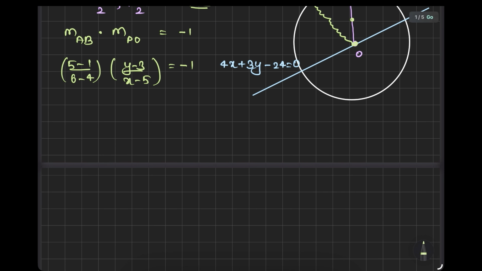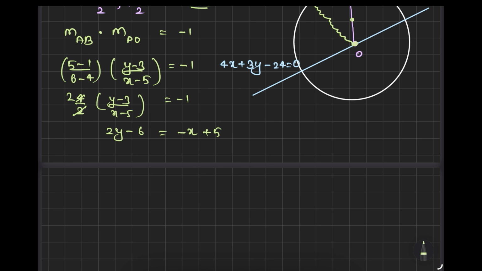We got 4 by 2, that is 2, times y minus 3 upon x minus 5 equals minus 1. So we got 2y minus 6 equals minus x plus 5.